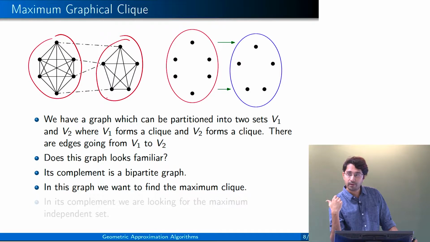So, now what we are trying to do is find a maximum independent set, but not for a general graph, but for a bipartite graph. How to find that? These are the small tricks that we use very often in graph algorithms that I just want you to know. So, we are looking for a maximum independent set in a bipartite graph. How to find a maximum independent set in a bipartite graph? Anyone?